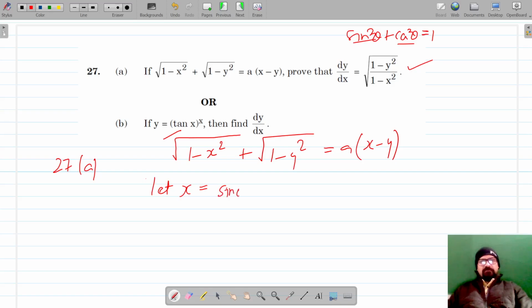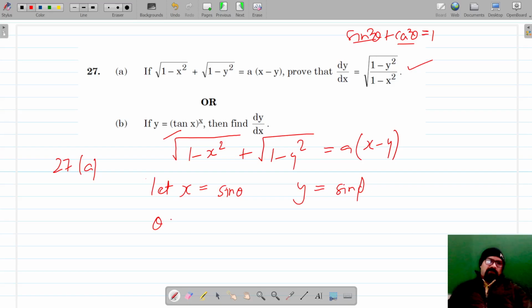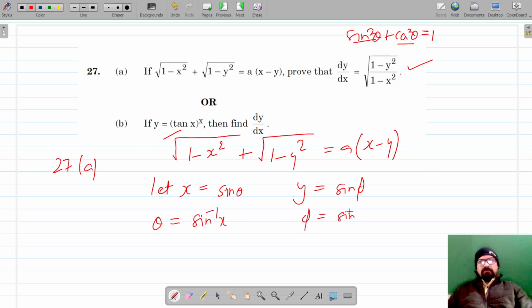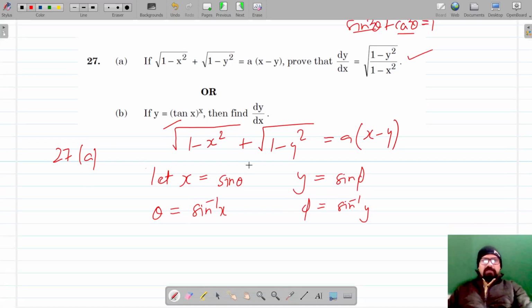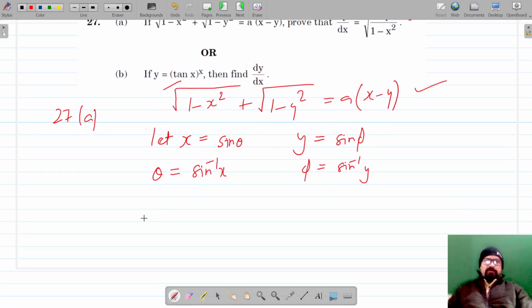And I'm going to assume y is sine of phi. Now if x is equal to sine theta, that means theta is equal to sine inverse x, and phi is equal to sine inverse y. Let's replace the values in this equation for x and y.